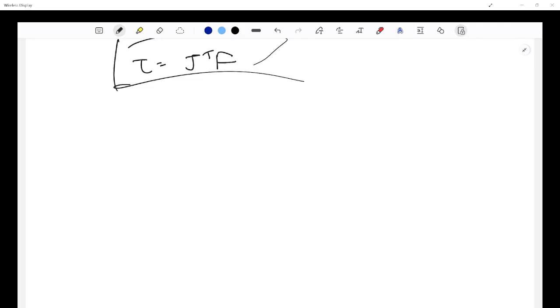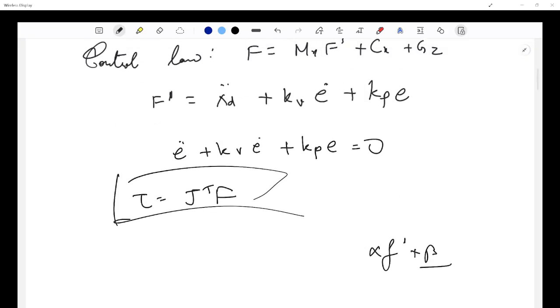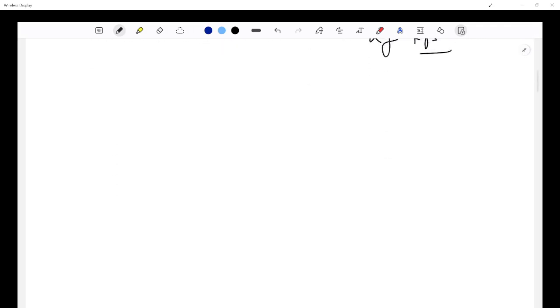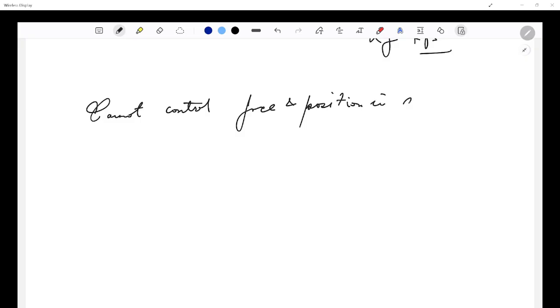In force control, the things are pretty much similar. If you take an example of a mass spring damper system and write the control law in terms of alpha f dash plus beta, it is already covered and I'm not going into this. Here again you arrive at a very similar equation. One very important point is that we cannot control force and position in the same direction.